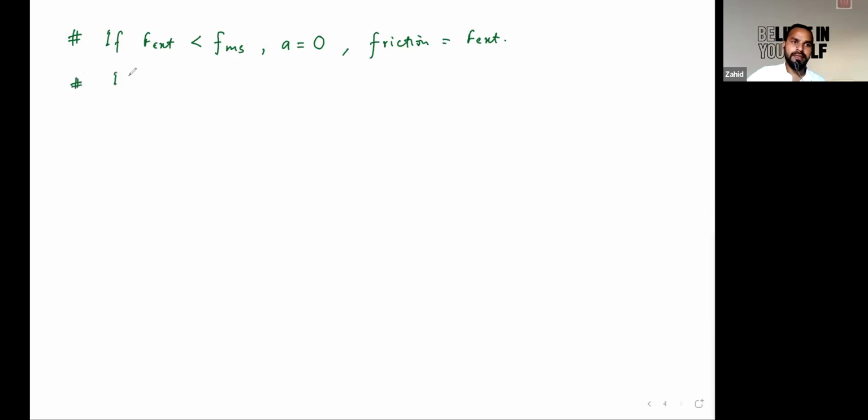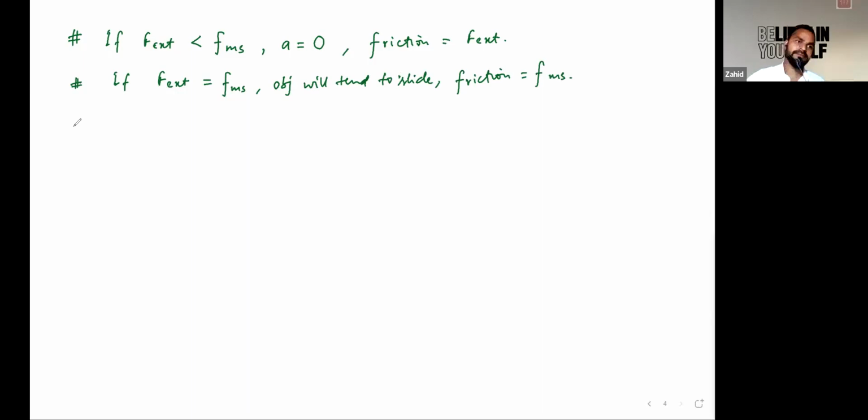Second, if external equals to maximum static, then at a particular strength, object will tend to start or tend to slide. So friction in this case would be equals to maximum static.